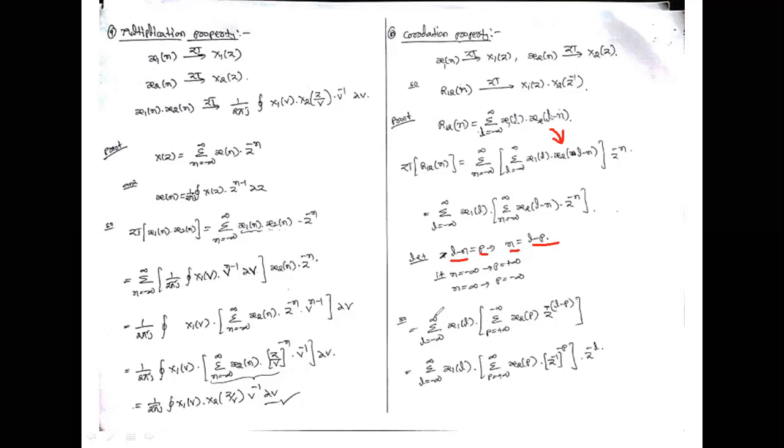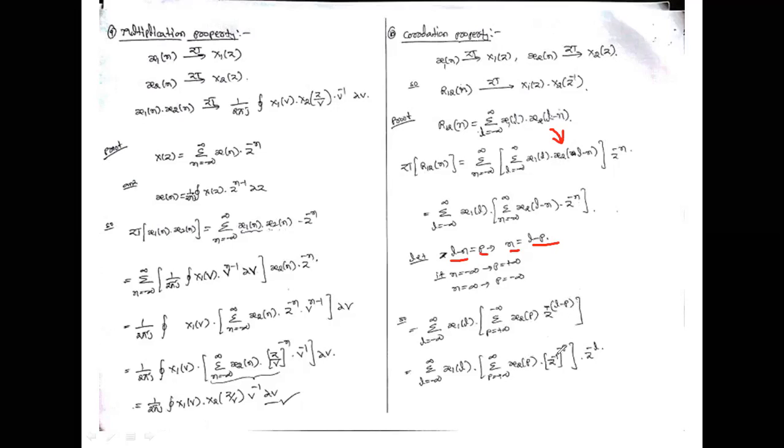The sum of L equal to minus infinity, x1 of L, sum of p from plus infinity to minus infinity, x2 of p z power n. What is n? L minus p, so z power minus of L minus p. Now change this as minus infinity to plus infinity, x2 of p, and take the p value: z power minus of minus p is a plus.